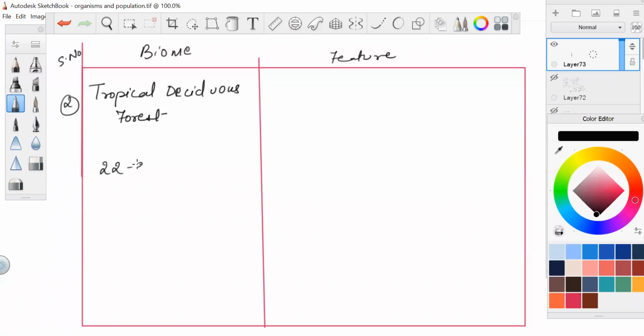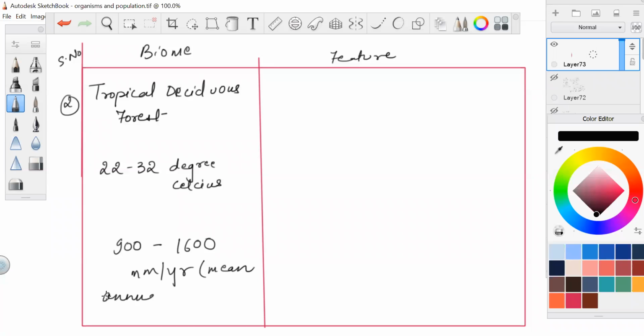Temperature is 22 to 32 degrees Celsius. 900 to 1,600 mm per year is the mean annual precipitation.